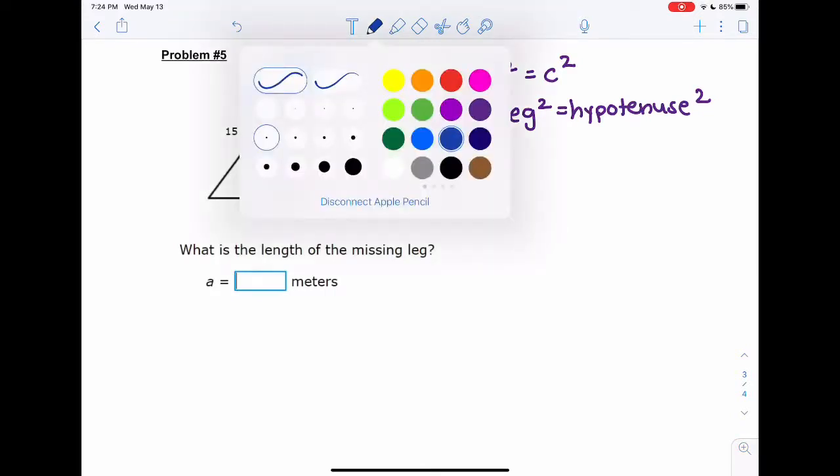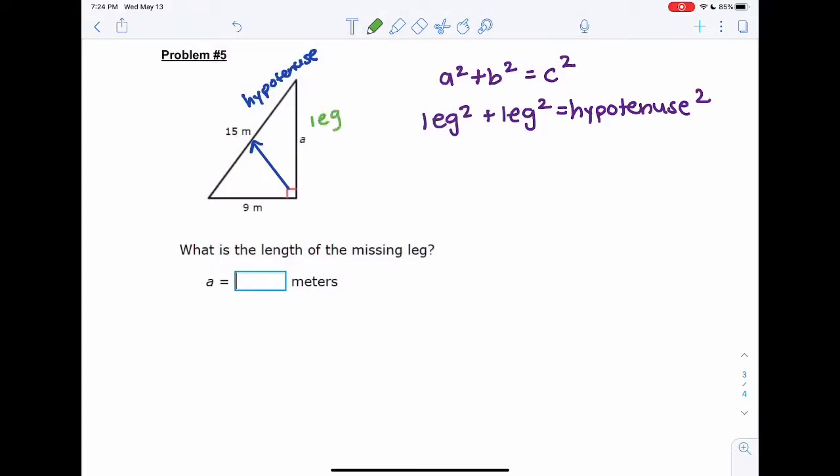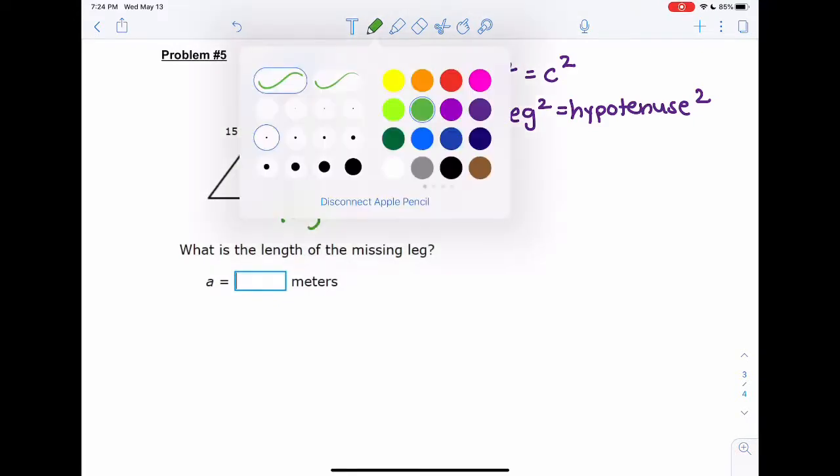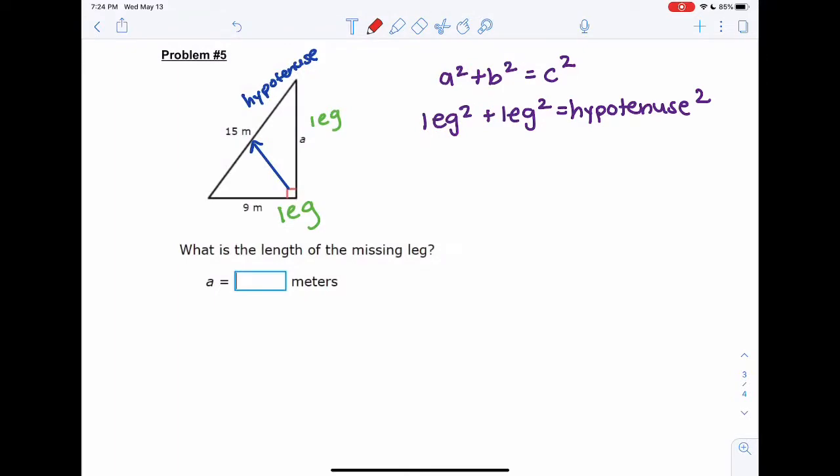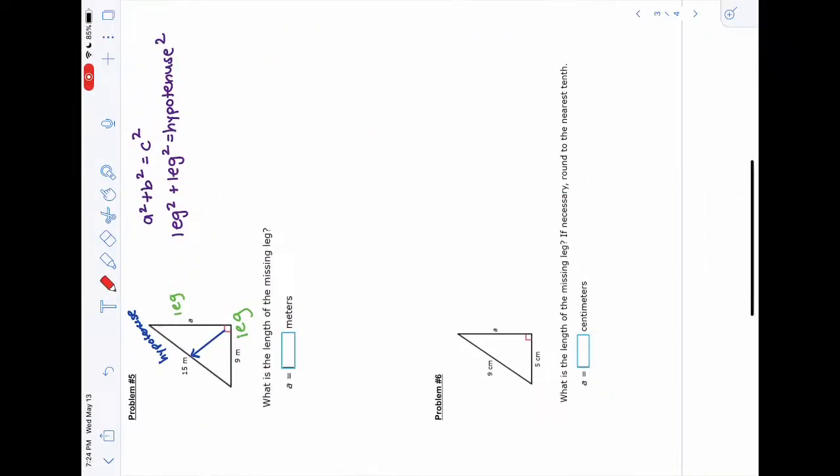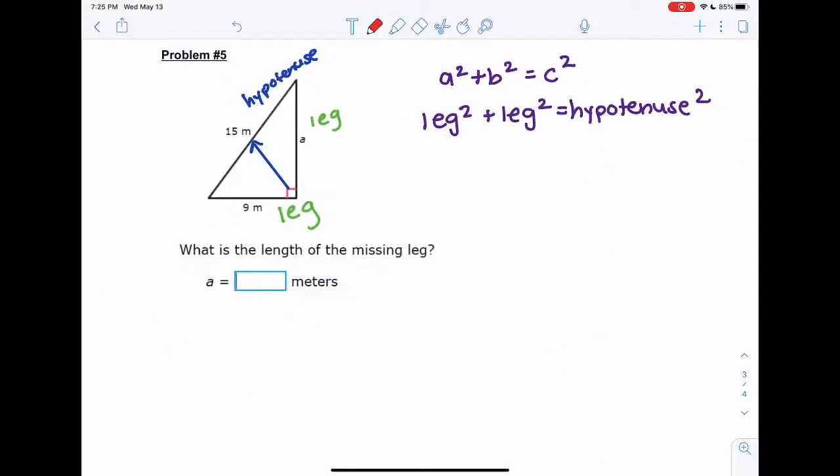And the other sides are my legs. Okay, so one of my legs is 9. So I'm going to do 9 squared. My other leg is unknown. It's a. So I'm going to do a squared equals my hypotenuse, which is 15. So I'm going to have 15 squared.